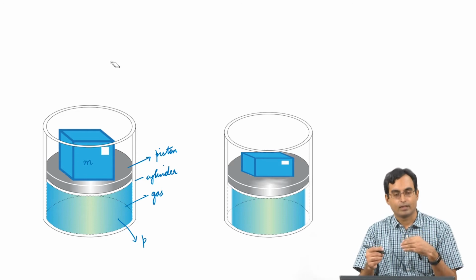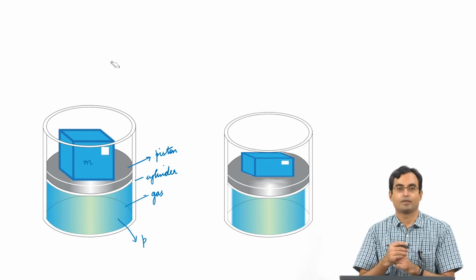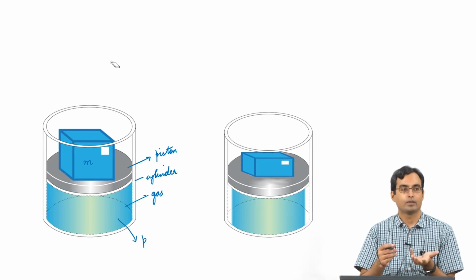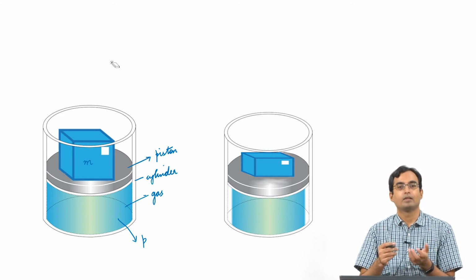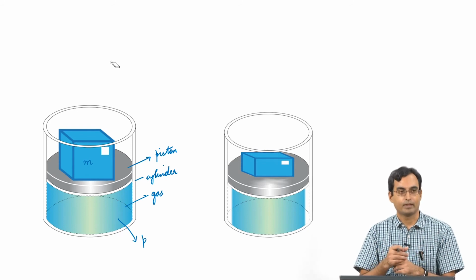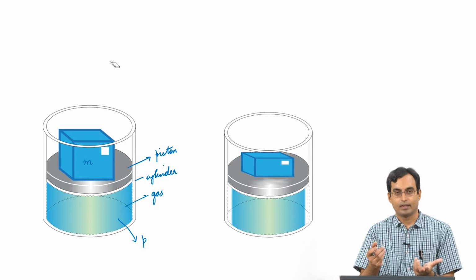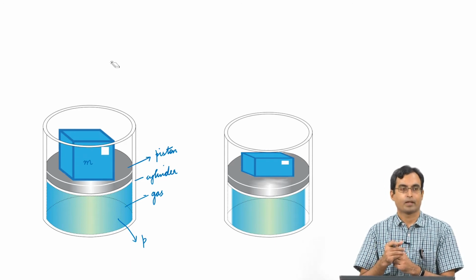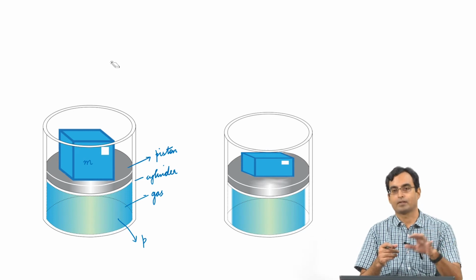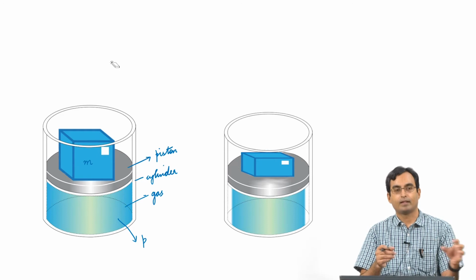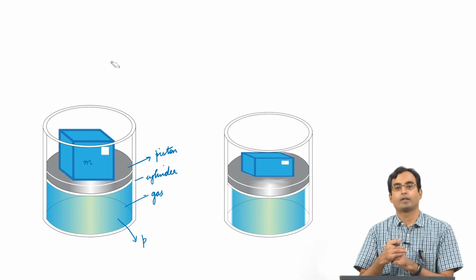There is displacement of the boundary of this system, but there is no raising of a weight because there is no weight to raise. Since we said work is done only if whatever happens is equivalent to the raising of a weight, and there was no weight which was raised, the work done here must be close to 0, ignoring the atmospheric pressure around. So, if we have a block like this and suddenly remove it and there is expansion, we do not really get much work at all.